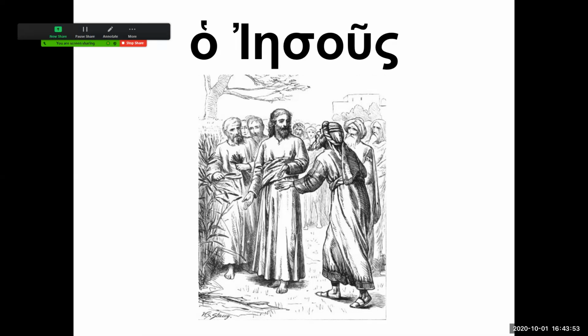Ho Jesus. Accent on the upsilon. Notice it's a circumflex accent, so spell it correctly. You don't have to put the accent marks in because we're not learning the rules, but if you do, you need to write them correctly. Ho Jesus.